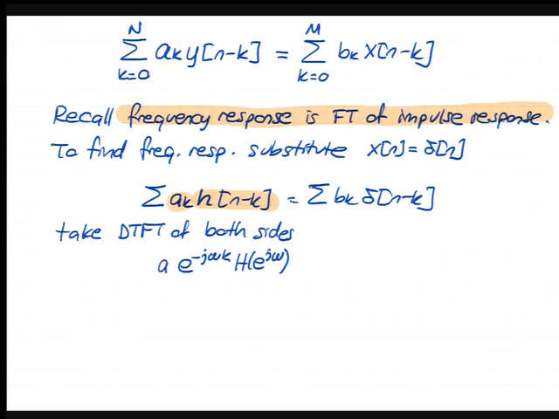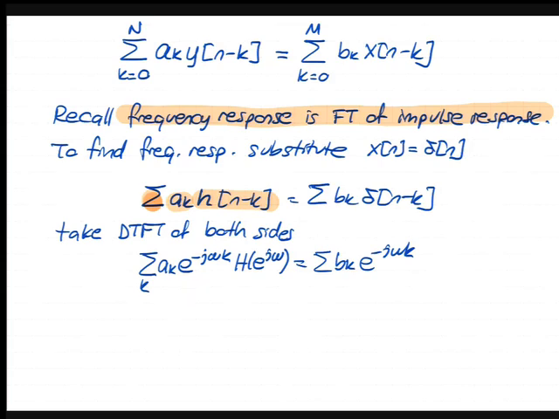Just put it here. What property did I use? The scaling, linearity. And because of linearity, the sum also goes here as well. Same thing happens on the right. I get sum b_k, and then e to the negative j omega k times the Fourier transform of a delta, which is 1. Therefore, I don't need to write anything there.